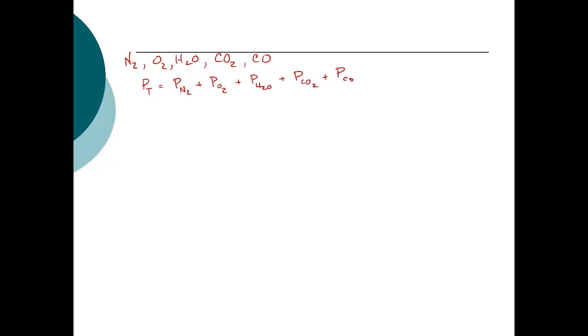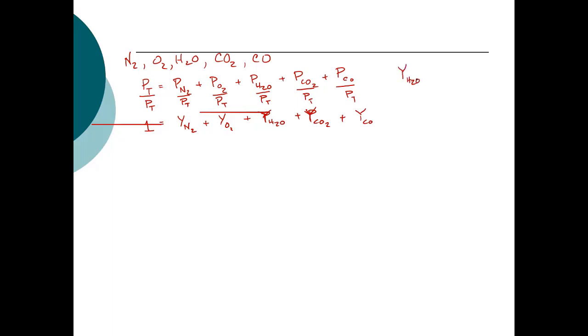Now, if we divide each of these by the total pressure, I now have an expression that 1 is equal to the mole fraction, so we use Y for mole fraction, of nitrogen plus the mole fraction of oxygen plus the mole fraction of water vapor plus Y CO2 plus the mole fraction of carbon monoxide.